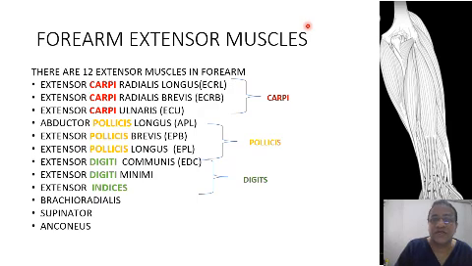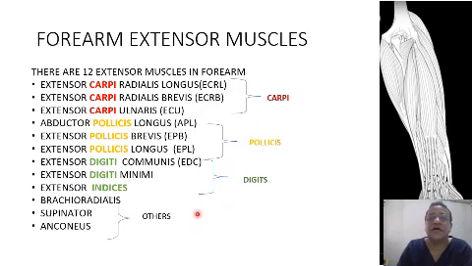The indicis muscle is the index finger extensor, so it extends the index finger independently. The index finger and the fifth finger have independent movement compared to the other two digits. Next we will go into the other group.